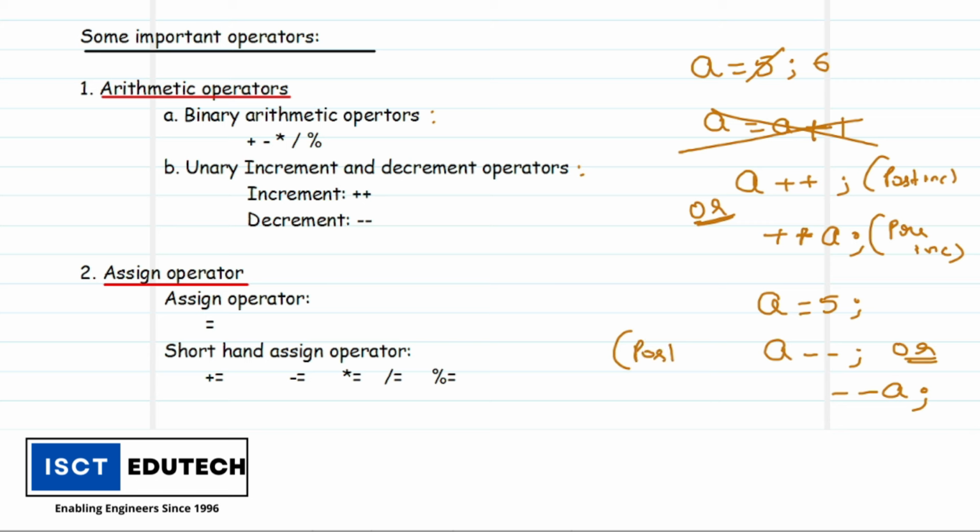Similarly with decrement, this is post-decrement and this is pre-decrement. What is the difference between them? We will see it later, but for right now, just understand that ++ or -- will increment or decrement the value by plus or minus 1.